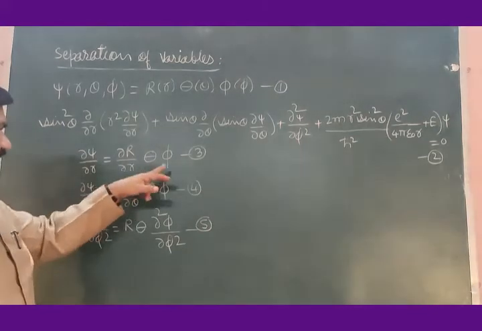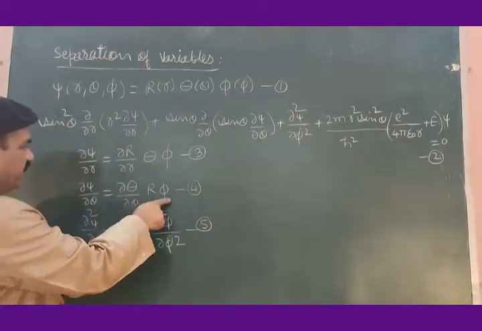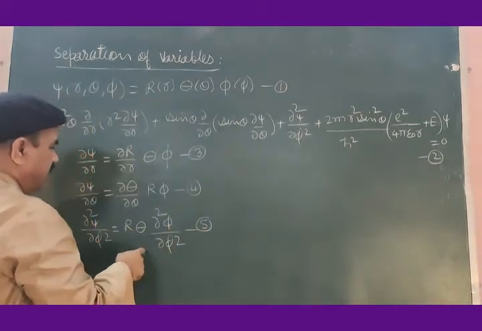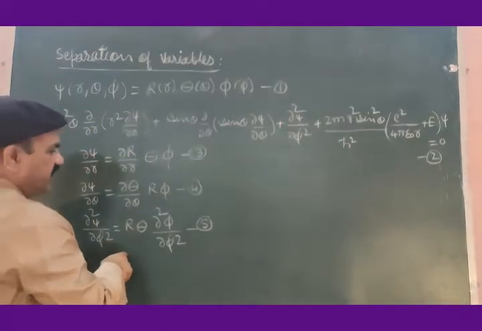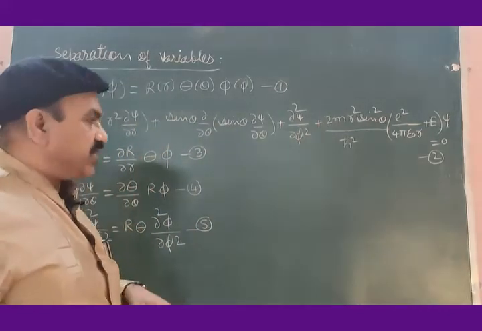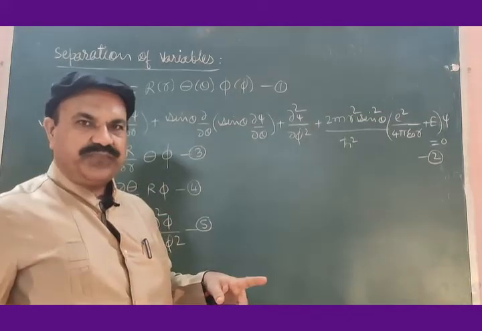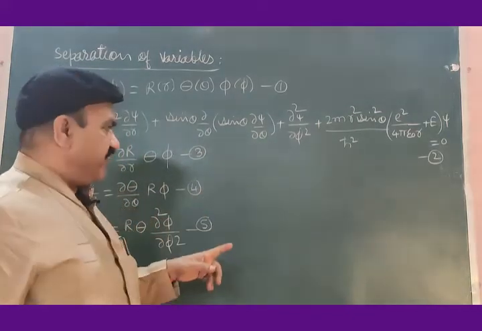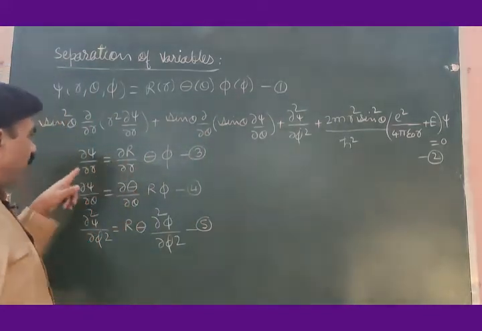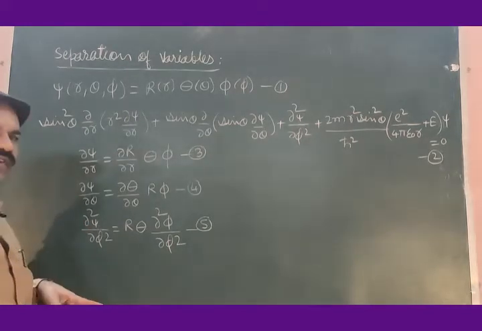Let us substitute this value for ∂ψ/∂r from 3 here, this value for ∂ψ/∂θ from equation 4 here, and this value for ∂²ψ/∂φ² from equation 5 here. So let us substitute equations 3, 4 and 5 into equation 2 for ∂ψ/∂r, ∂ψ/∂θ, and ∂²ψ/∂φ².